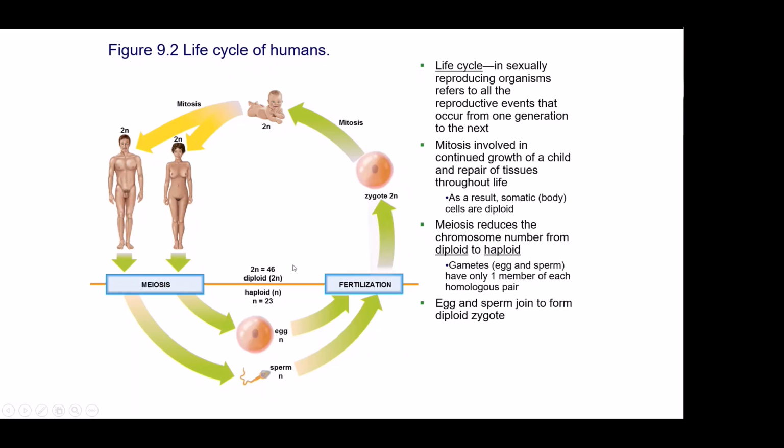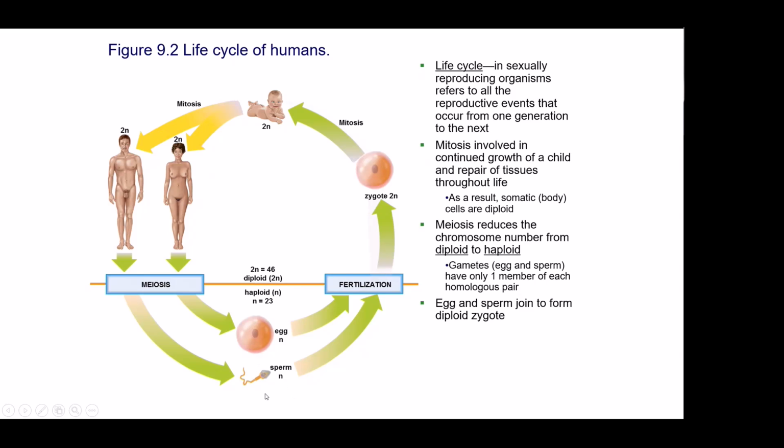And then within the gonads of the male and female, where meiosis takes place, you have the shift from all of these cells being diploid, 2N, going through meiosis, the female creating a haploid egg, the male creating the haploid sperm.